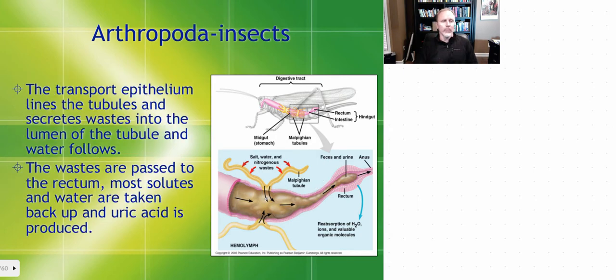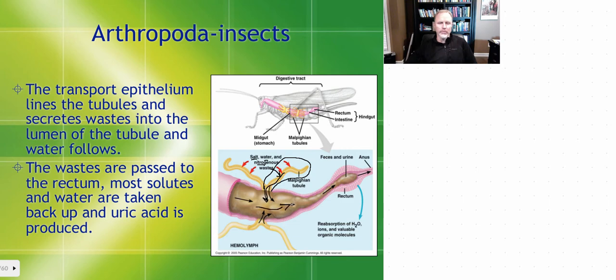Okay, and you've got various types of transport epithelial tissue or cells that are going to line these Malpighian tubules right here, and this is where the salt, water, nitrogenous waste, those types of things are put into or filtering into these Malpighian tubules, and then you're going to dump all of the waste into the digestive tract.